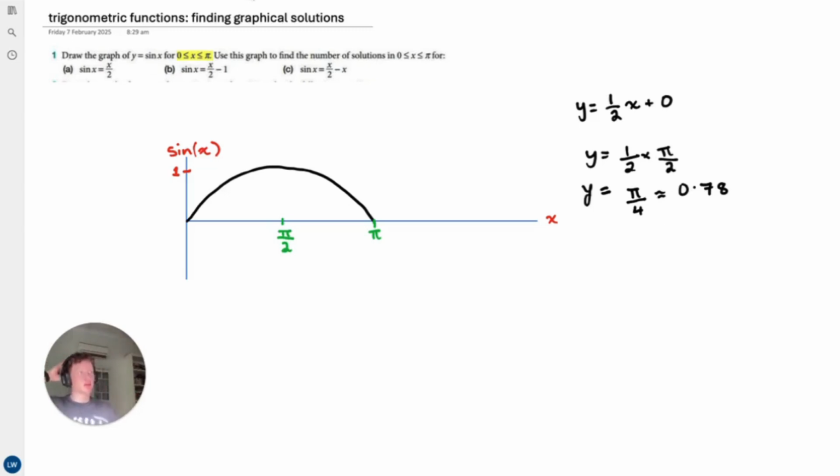When it gets to this point at pi on 2, is it above the curve or below the curve? The y value would be pi on 4, which is approximately 0.7, so it's going to be below.